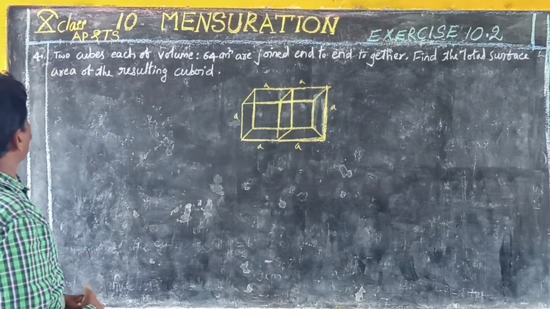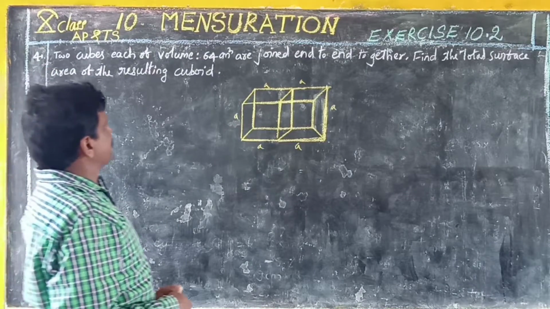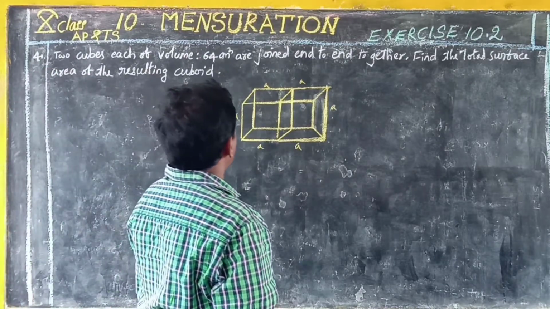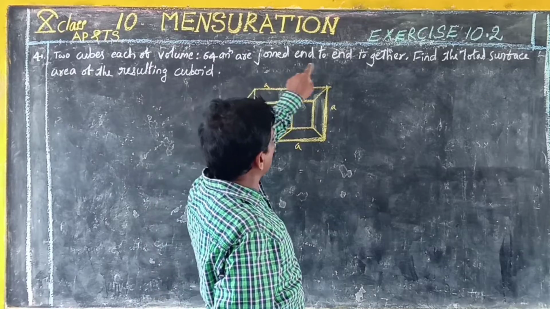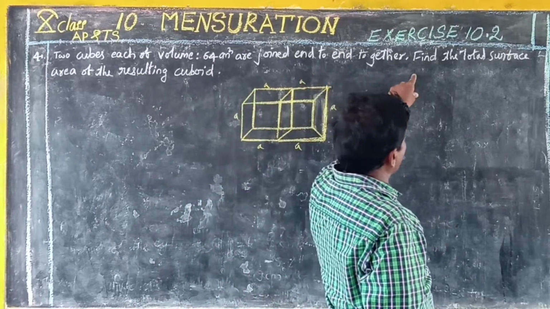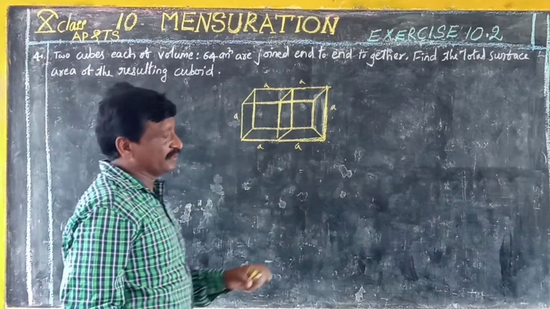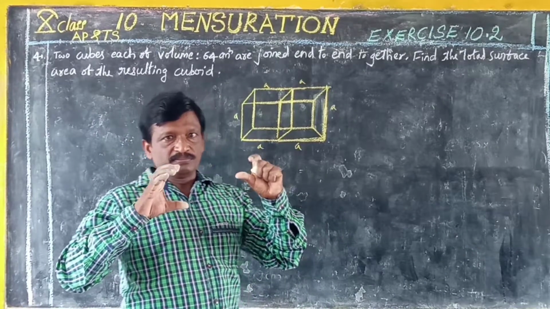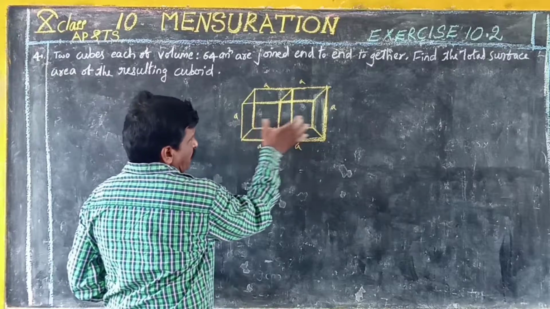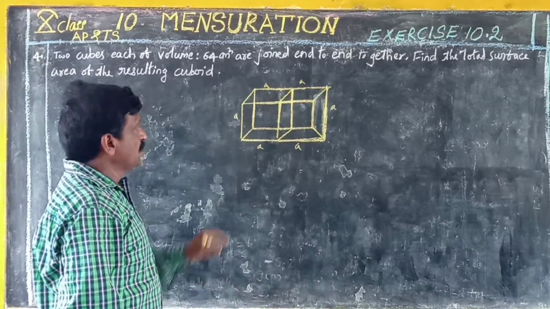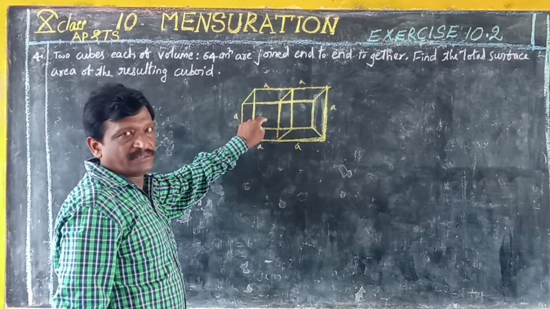Fourth sum. Two cubes, each of volume 64 centimeter cube, are joined end to end together. Find the total surface area of the resulting cuboid. Two cubes joined make a cuboid.